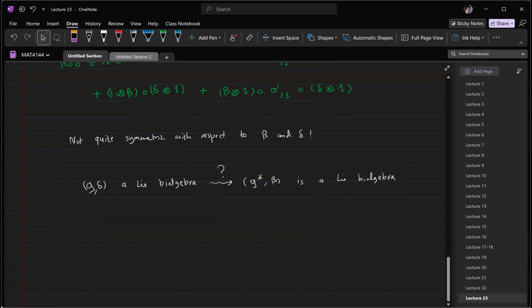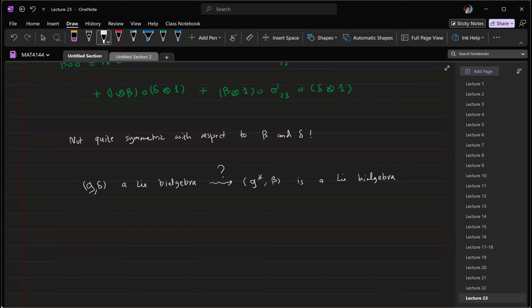And it turns out it is true, but then we have to take a slightly different point of view towards these Lie bialgebras, from which it is much easier to see that there's a symmetry between the delta and the Lie bracket. In other words, if G, delta is a Lie bialgebra, then G star with the bracket is a Lie bialgebra.